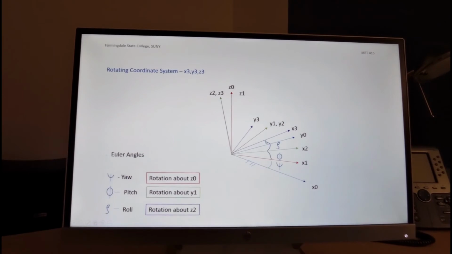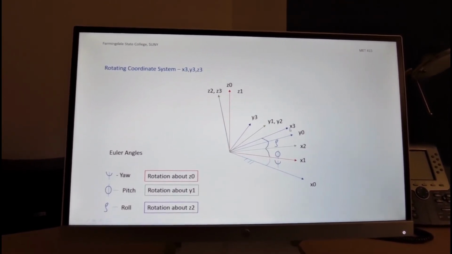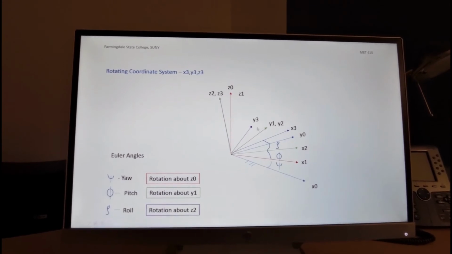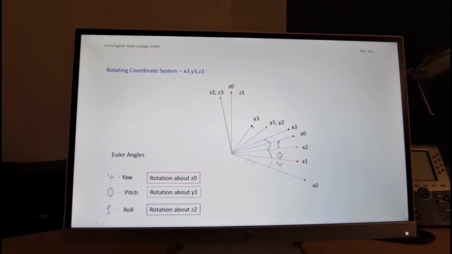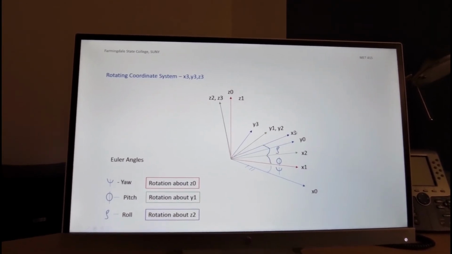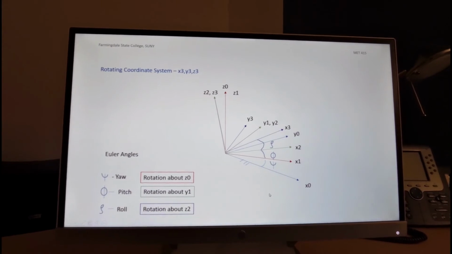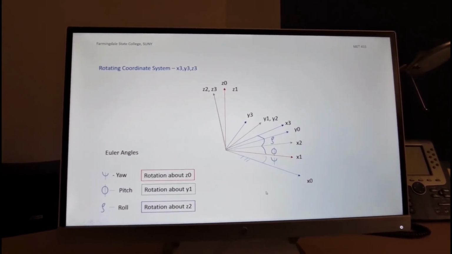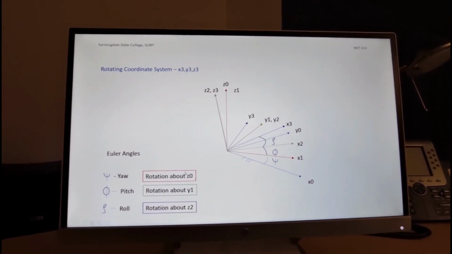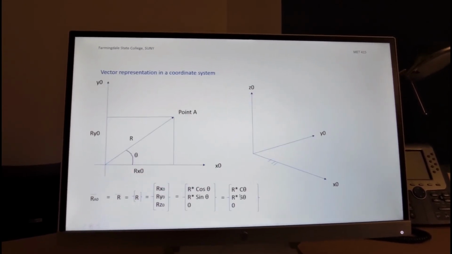It's the third Euler angle. Then x2 becomes x3, y2, which was here, becomes y3, and z3 stays the same. So these are the basic coordinates that we show through Euler angles and different rotations. And this will be important when we later on discuss coordinate transformation.